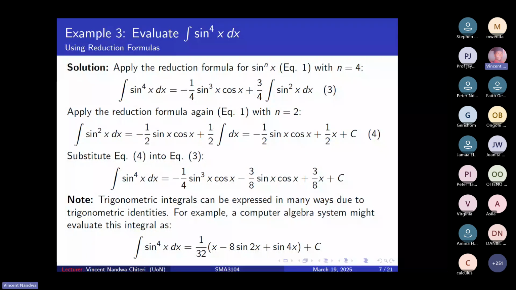You can use that identity relating the sine squared function and the cosine function to get an expression involving double angles. So either of them will be accepted as the answer to the integral of sine power 4x dx.